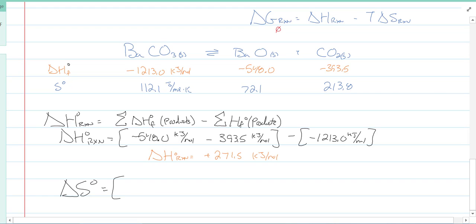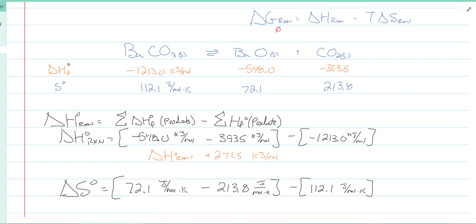S is going to be calculated the same way. And to save some time here, we're just going to put in the 72.1 joules per mole Kelvin plus 213.8 joules per mole Kelvin minus 112.1 joules per mole Kelvin.